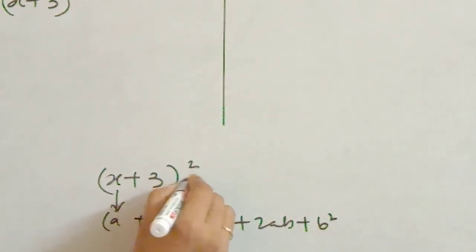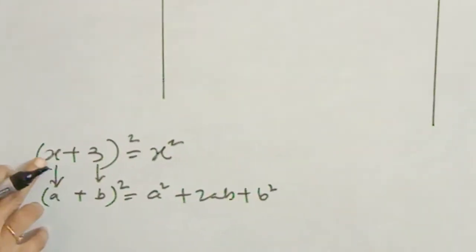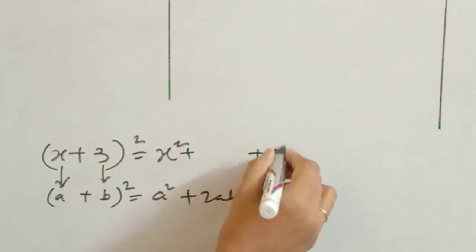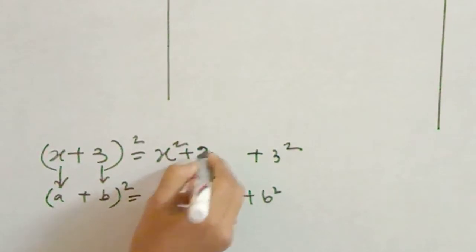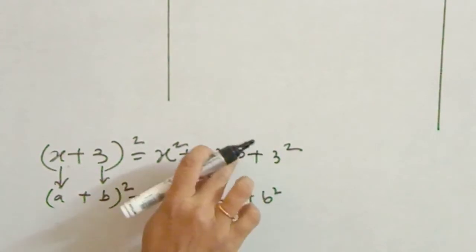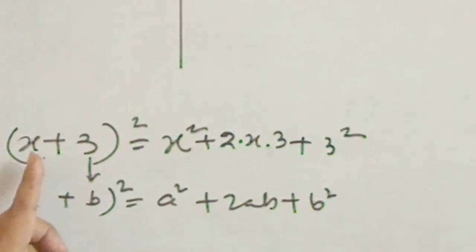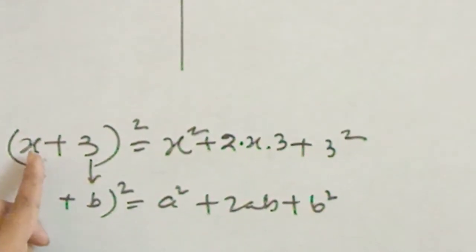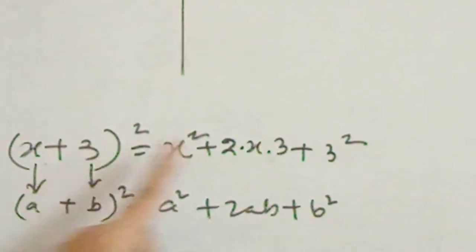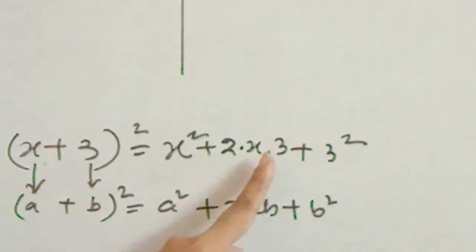The same way we will write, instead of A square I will write X square, because A is here X and B is here 3, so 3 square, and then formula 2, A means X and B means 3. This dot is indicating into sign here. In algebra we will consider as into. So instead of A plus B whole square, we are writing now X plus 3 whole square. So A square, here X square, B square, here 3 square, and 2AB, A is X and B is 3.